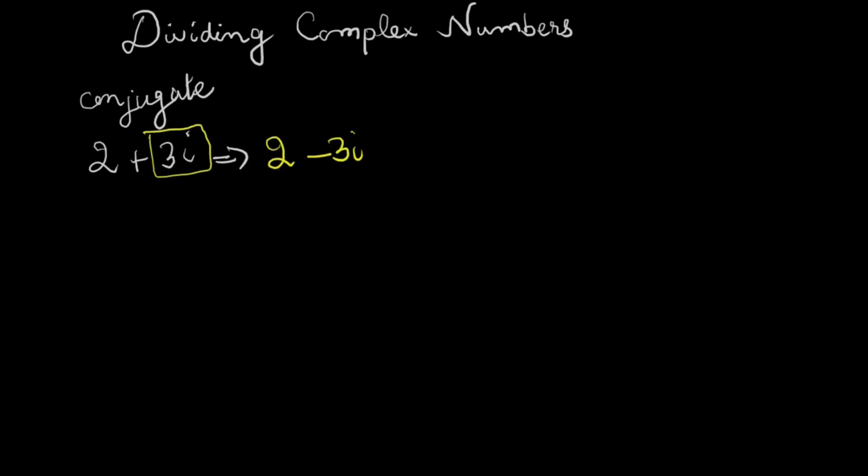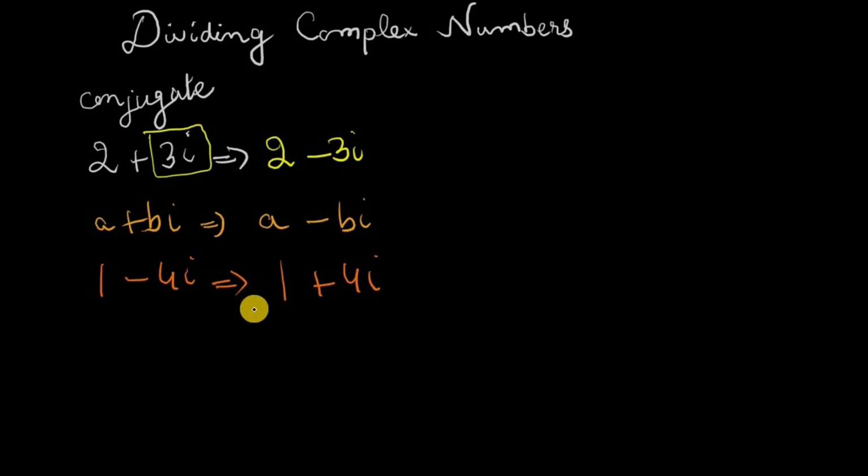So to generalize, if I had any complex number, a plus bi, its conjugate would be a minus bi. For another example, if I had the complex number 1 minus 4i, its conjugate would be 1 plus 4i.